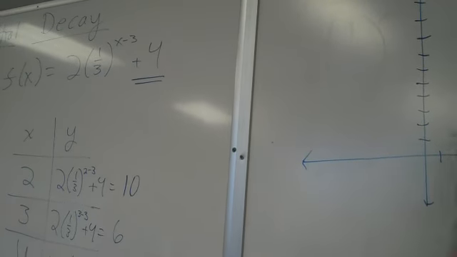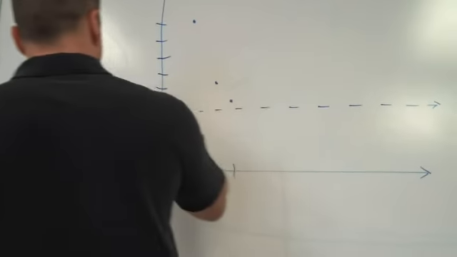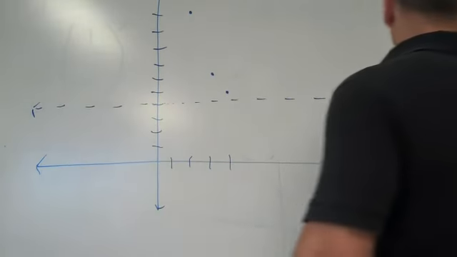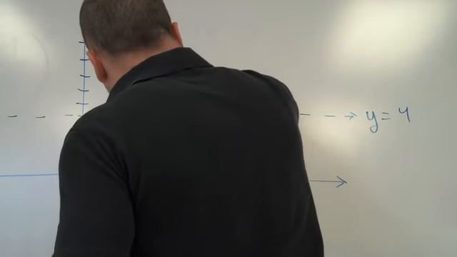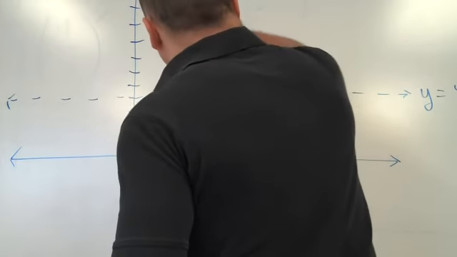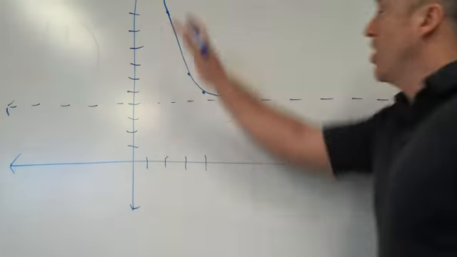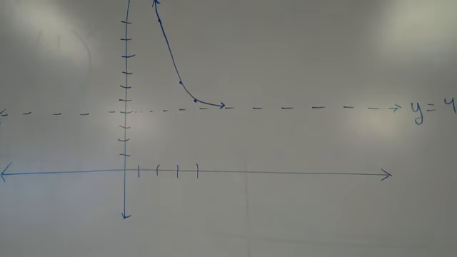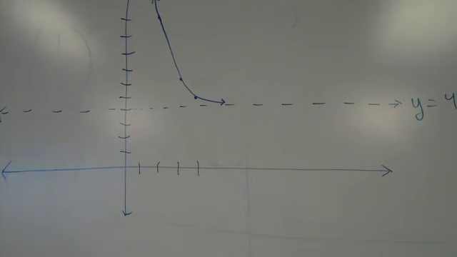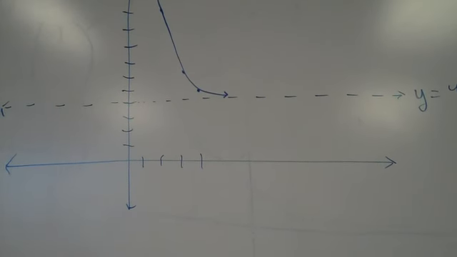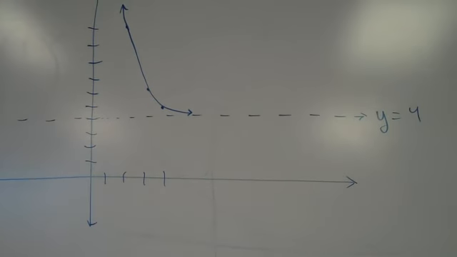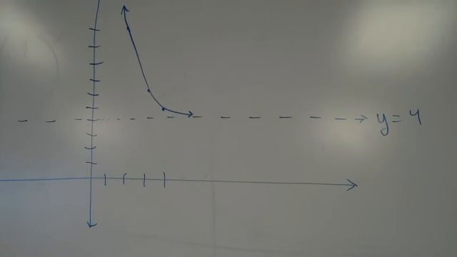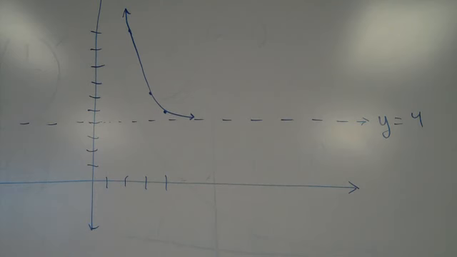Raises the asymptote up 4, so now we have to draw a dotted line here, indicating that it's the line y equals 4, and when I draw my exponential decay, I cannot go below that line. If you draw this graph and go below y equals 4, I'll know you missed the asymptote part, and you have done it wrong. Not the best drawing in the world, but it works. You got to remember the asymptote part, because if you go below it, you've missed on your exponential decay.